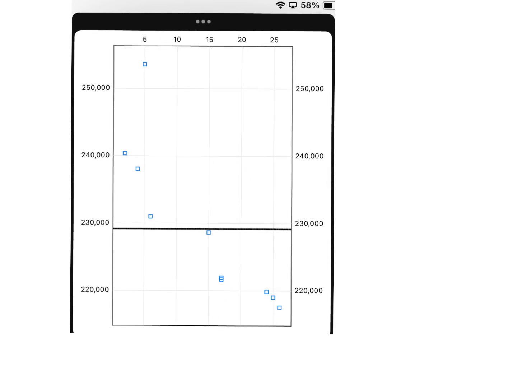This horizontal line right here is the mean of the selling prices of these homes. What you'll notice is that for each dot, there's a vertical distance. What does this distance really mean?